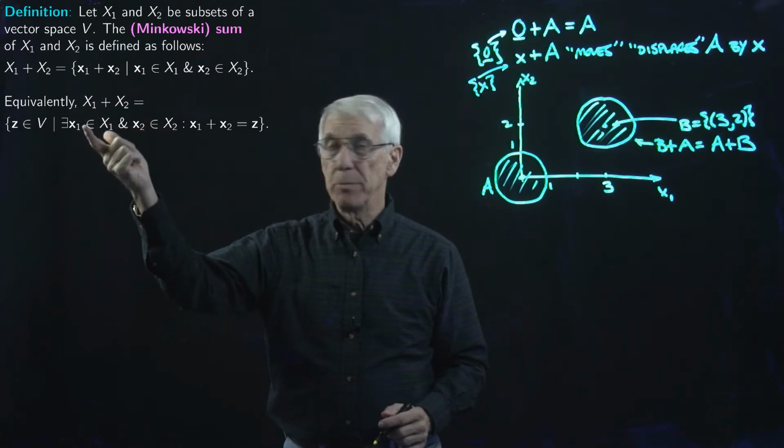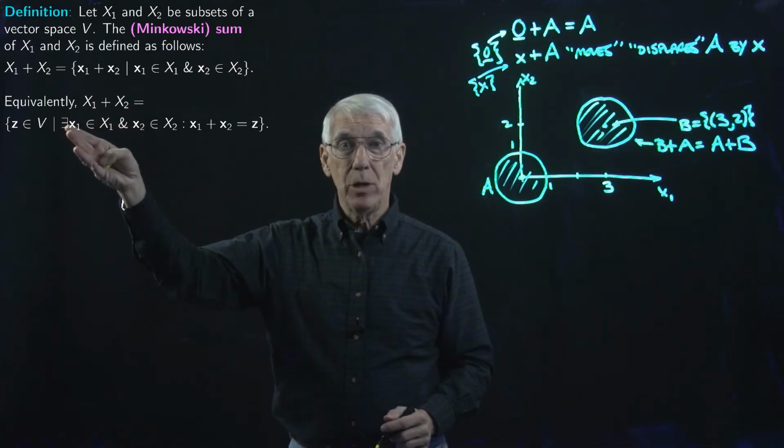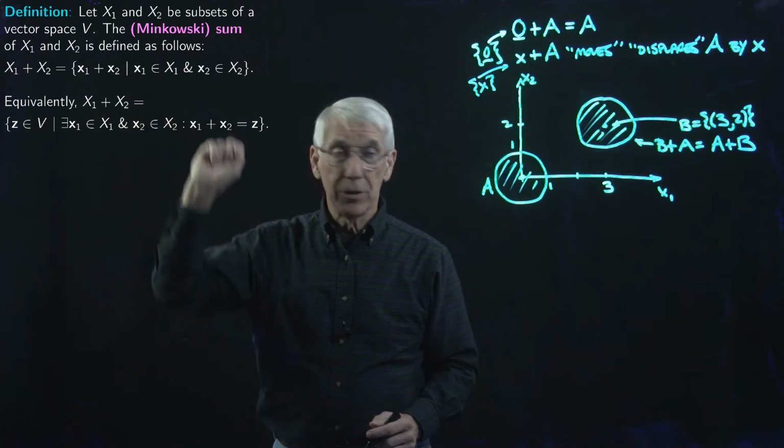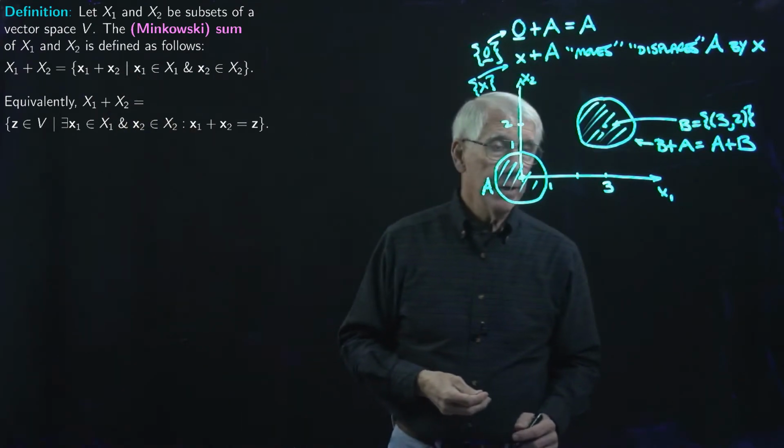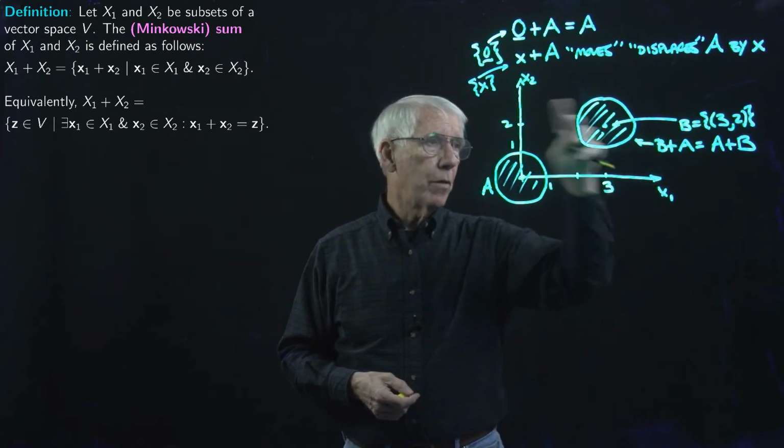I could go A plus B or B plus A, X1 plus X2 or X2 plus X1, because the addition of vectors is commutative. So this would be the set A plus B, or B plus A, for these sets.